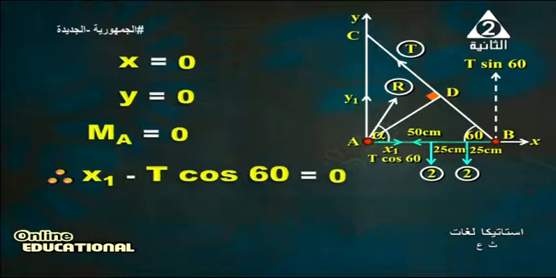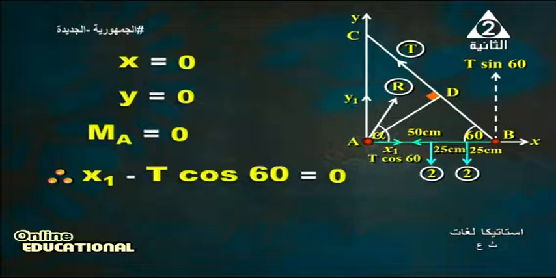horizontal forces: x1 minus T cosine 60 equals 0. Look at what is the meaning of x1. We have the reaction of the hinge at A, which has two forces, horizontally x1 and vertically y1.